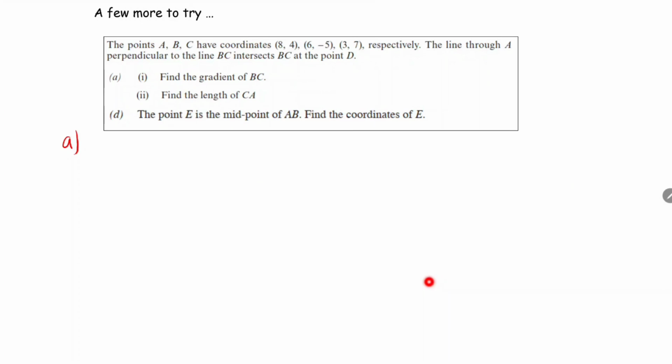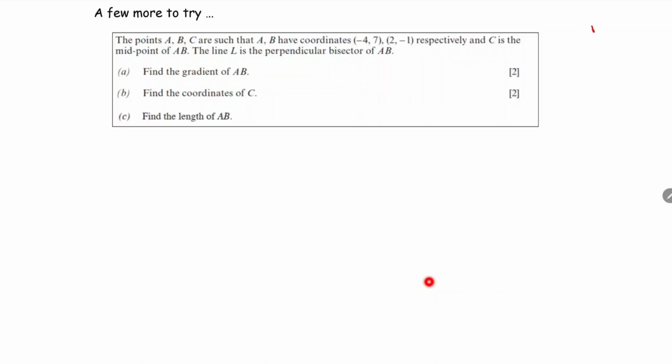See if I can do this one without making a mistake. Find the gradient of BC. x1, y1, x2, y2. We want to find the gradient of BC. So m is going to be equal to y1, which is minus 5, minus 7 over 6 minus 3, which equals minus 12 over 3, which equals minus 4.